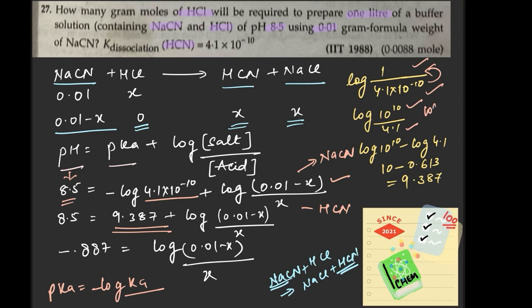Now log A by B is equal to log A minus log B. So log 10^10 by 4.1 is equal to log 10^10 minus log 4.1. Log 10^10 is 10, minus log 4.1 which is 0.613. Solving, this is equal to 9.387.